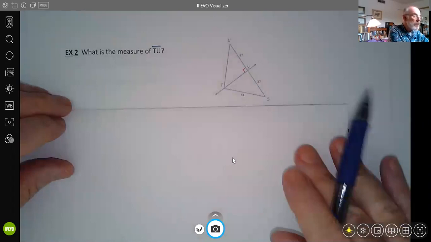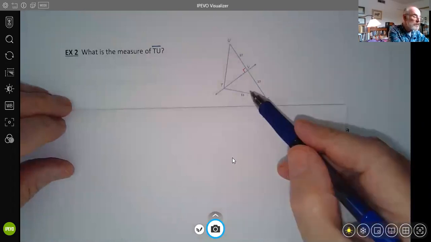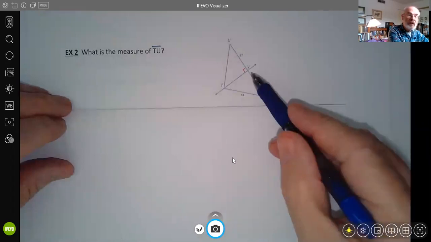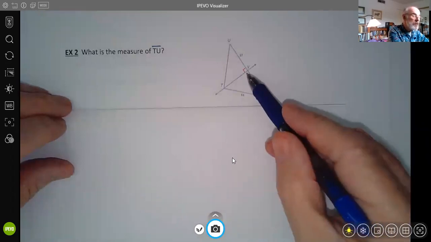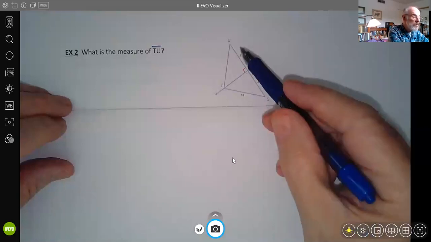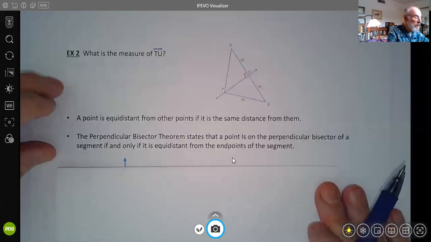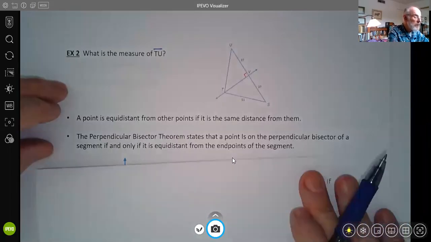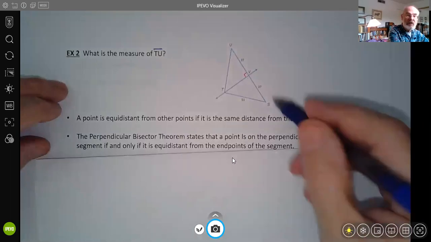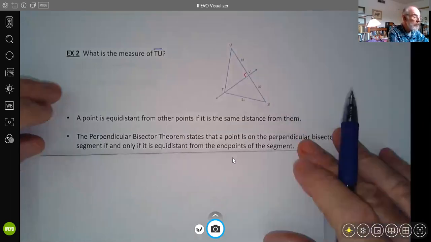We can also represent this as a triangle with a bisector through it, which happens to be perpendicular to the line down here, which is line segment US or SU, depending on which way we look at it.